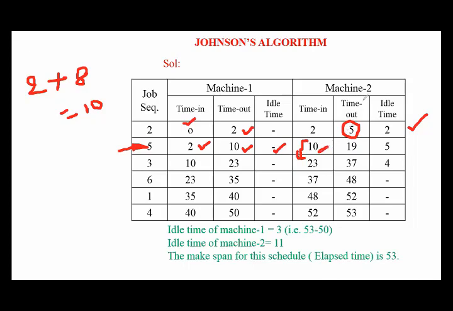So we take the difference between this finish time and this timing: 10 minus 5 gives 5. This is the idle time of machine 2. Here we perform the job on machine 2, which requires 9 hours processing time. So 10 plus 9 is equal to 19. This is the finish time of the second job, the fifth job, on machine 2.